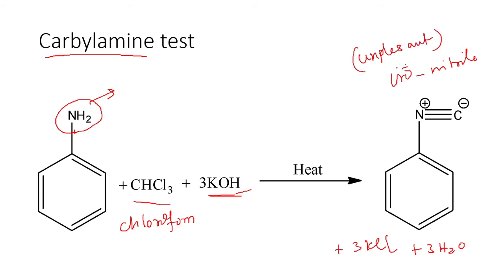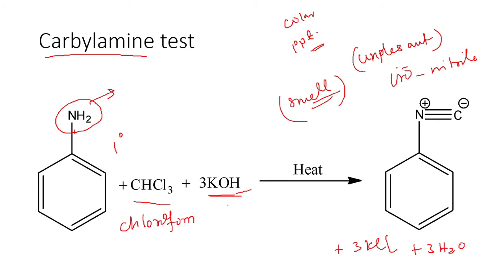Okay, another thing which is important, that this isonitrile gives an unpleasant smell. So first of all, except color or precipitate, you got to see something which is related with smell, right? So this gives you an unpleasant smell. Which compound? This primary amine, when it converts into that isonitrile in the presence of chloroform and an alkali, basically KOH or NaOH.